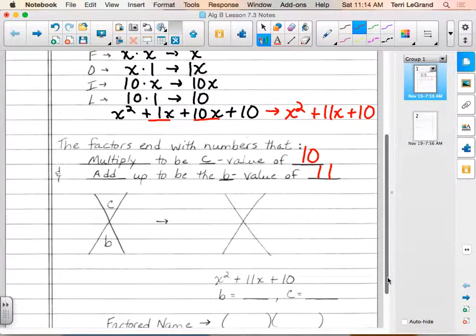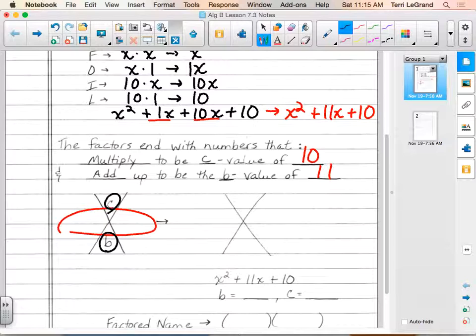So in our diamond method, which you should have discovered on Friday, when you were trying to find those two side numbers that we don't have filled in here, those had to multiply to get the C value that is up here, and they had to add up to get the B value that's down here.